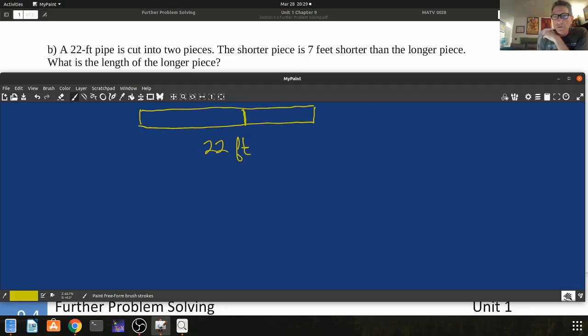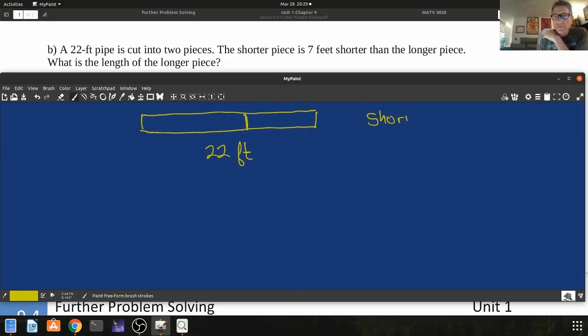So shorter is equal to, the shorter piece is 7 feet shorter than the longer piece. So that's the longer minus 7. So let's let our shorter piece be x and our longer piece be y.